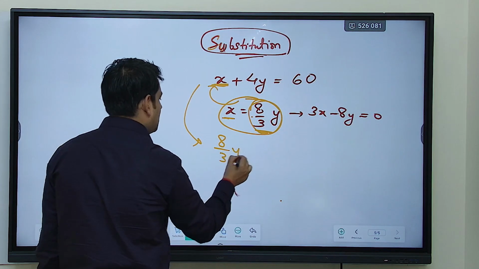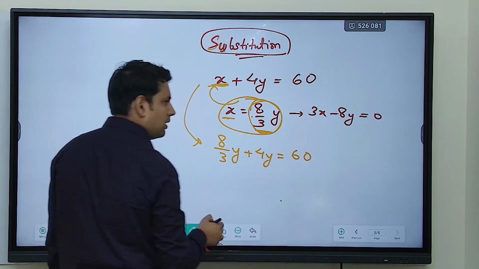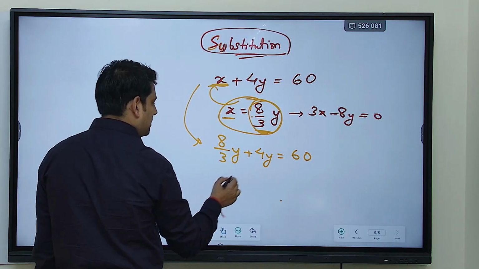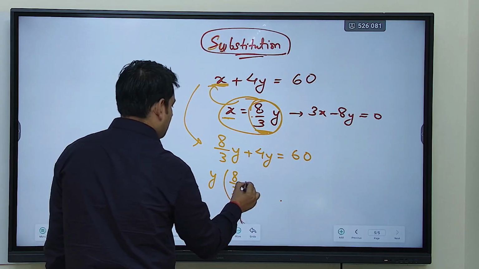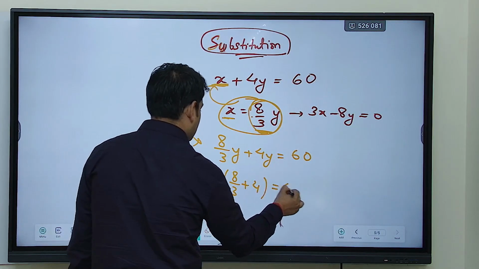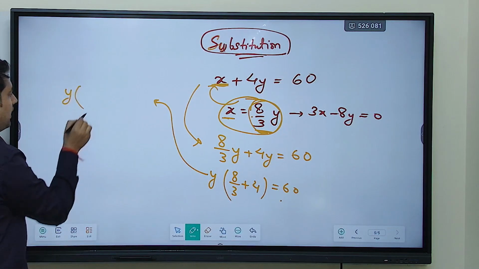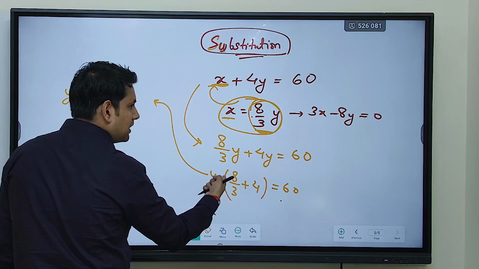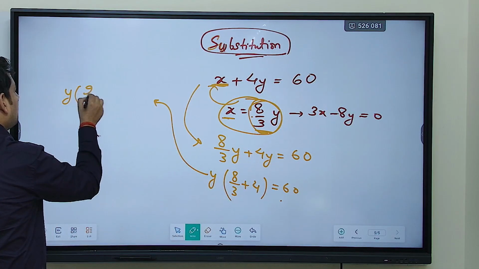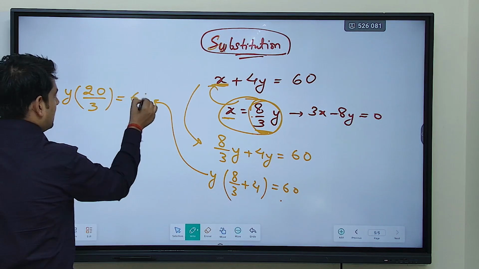So this becomes 8 by 3y plus 4y is equal to 60. Take y common: y into 8 by 3 plus 4. 3 4s are 12, 12 plus 8, 20. 20 by 3 is equal to 60.